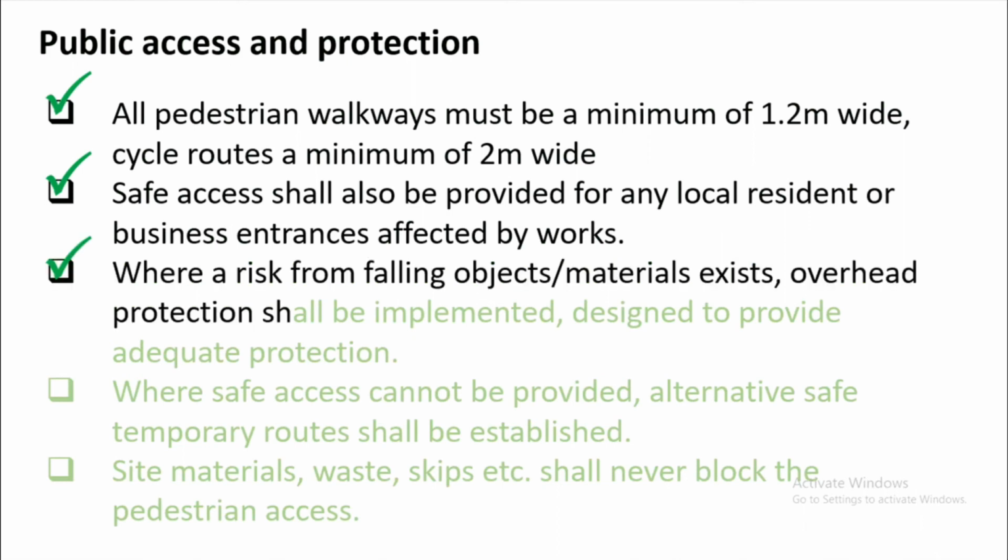Where a risk from falling objects or material exists overhead, protection shall be implemented, designed to provide adequate protection. So when there is a risk of falling objects or materials, you need to provide overhead protection designed to provide adequate protection for the public as well.